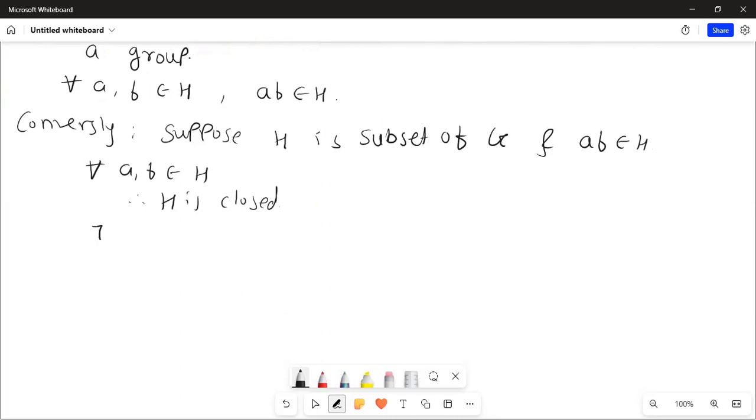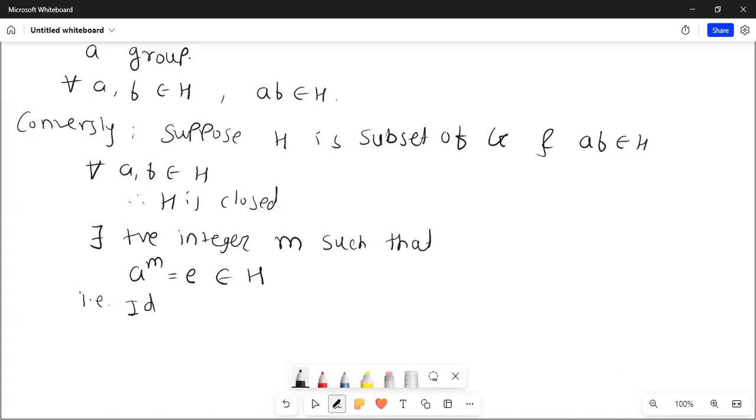Then there exists a positive integer m such that a raised to m क्या आएगा, e आएगा, and a raised to m equals e, which belongs to H आएगा, and that is identity belongs to H. Identity belongs to H, that means H is a non-empty set.